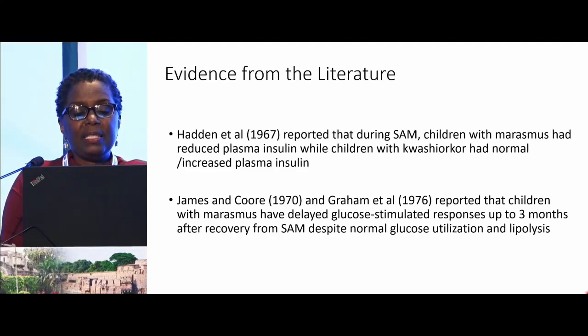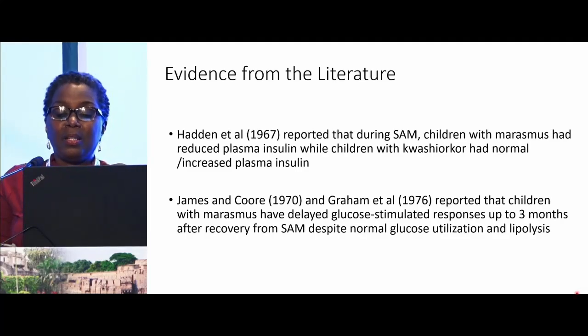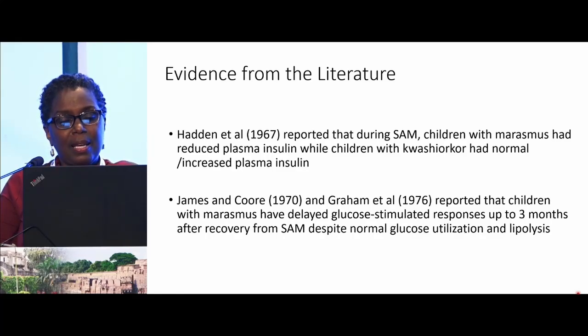James and Core in 1970 and Graham et al. in 1976 reported that children with marasmus have delayed glucose-stimulated responses up to 3 months after recovery from SAM, despite normal glucose utilization and lipolysis. Despite this, there are very few reports, if any, of studies investigating the differences in glucose metabolism in kwashiorkor and marasmus survivors as adults.